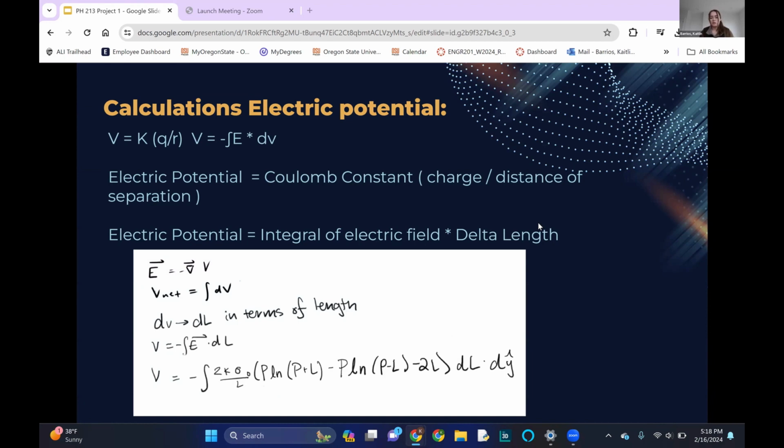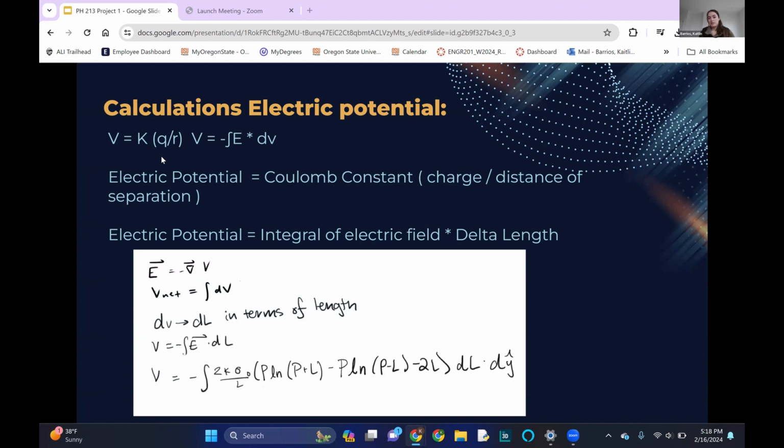The relation between electric potential and electric field is really interesting because while usually you might calculate the electric potential in this equation that we can see here, where it is equal to Coulomb's constant times charge divided by the distance of separation, we can also calculate the electric potential using the electric field by taking the integral of it.